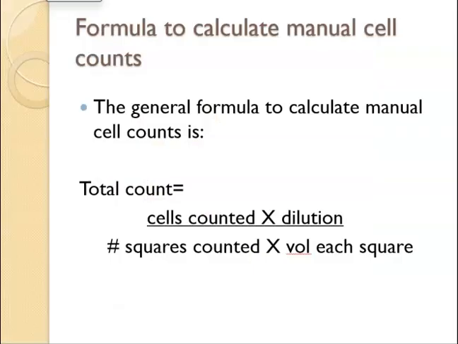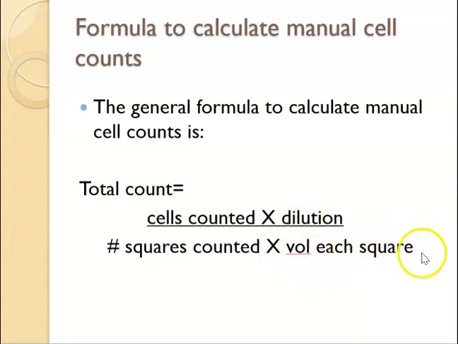Now let's go over the formula that you're going to use to find your total cell count for a sample. The formula is the number of cells counted, which will be your average number of cells counted, times the dilution, if a dilution was used, times the number of squares counted, which is the number of squares on your grid pattern for your hemocytometer, times the volume.